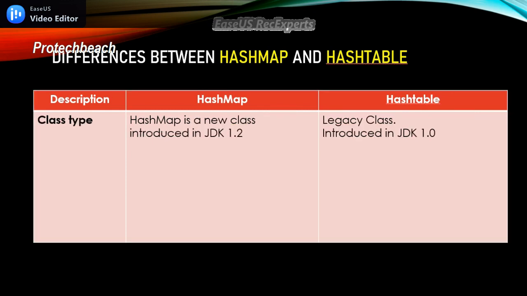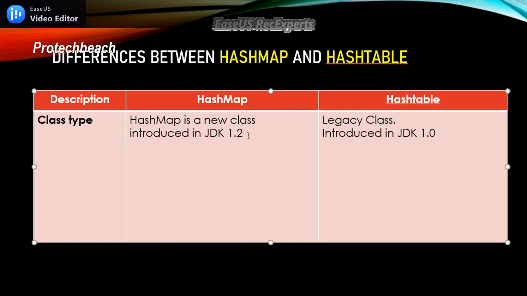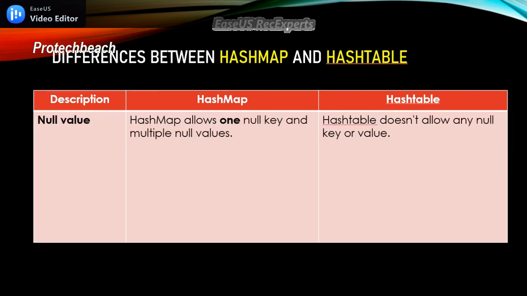In terms of class type, Hashtable was introduced in Java 1.0 and is called a legacy class, and HashMap was introduced in JDK 1.2. From the synchronization point of view, HashMap is non-synchronized and Hashtable is synchronized in nature. In case of null values, HashMap allows one null key and multiple null values, but Hashtable does not allow any null key or null values.